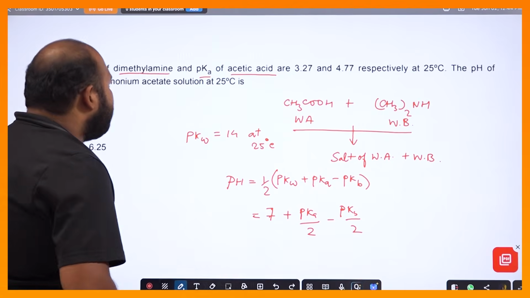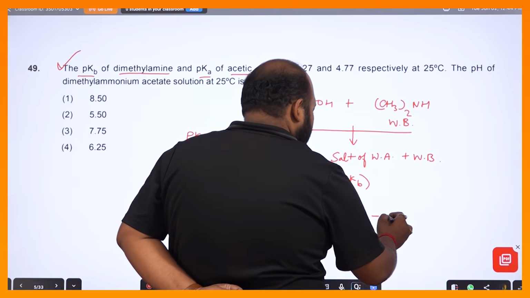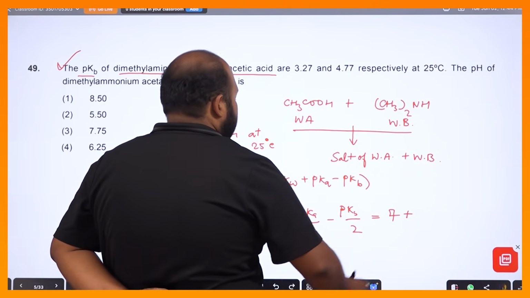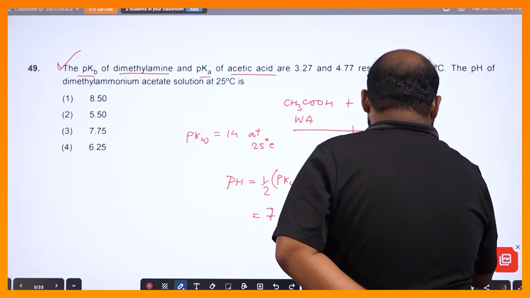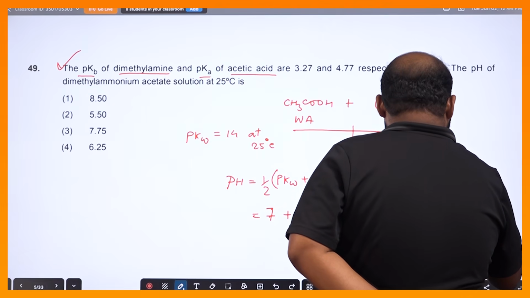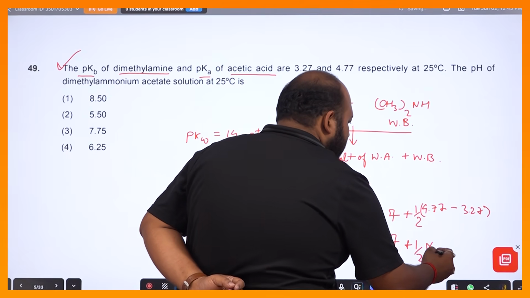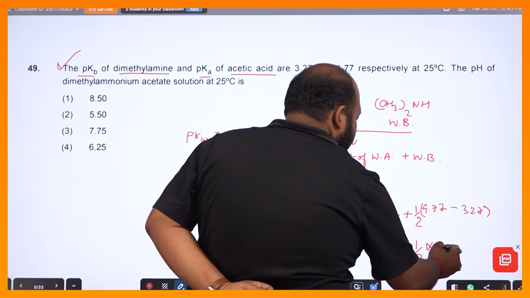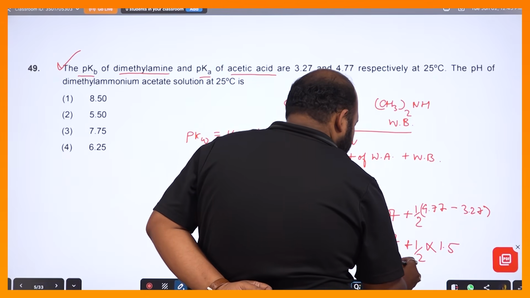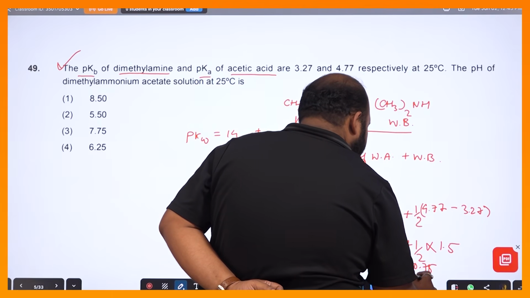If we put the individual values of pKa and pKb, let us calculate that. 7 plus 4.77 minus 3.27, that is approximately 1.5, so 7 plus 0.75, that is 7.75.